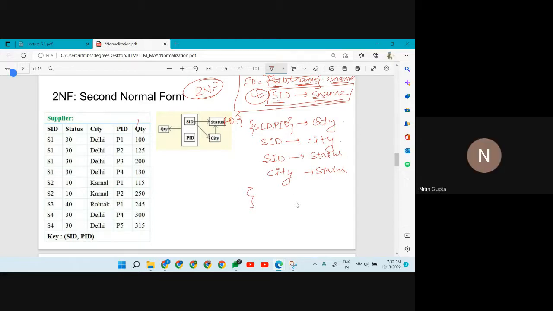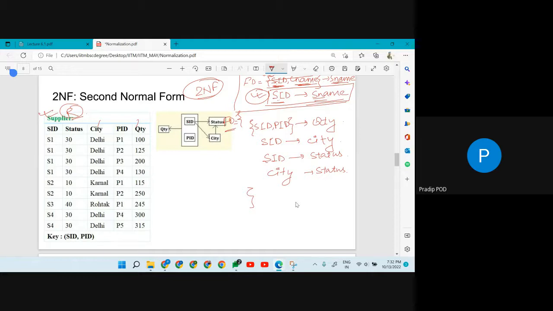Consider the whole table as a supplier relation, and this is the functional dependency associated with it.